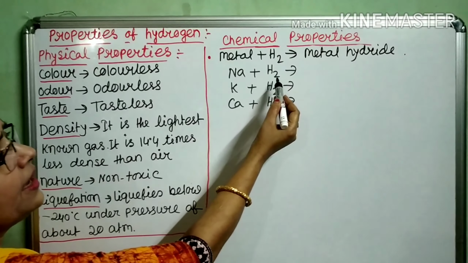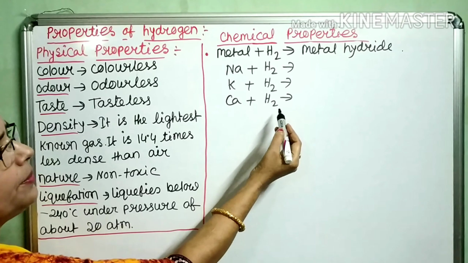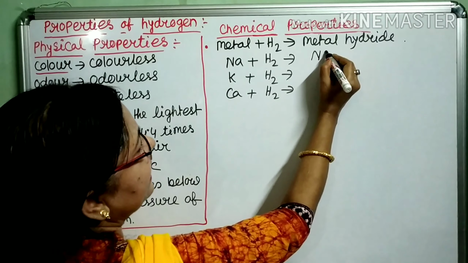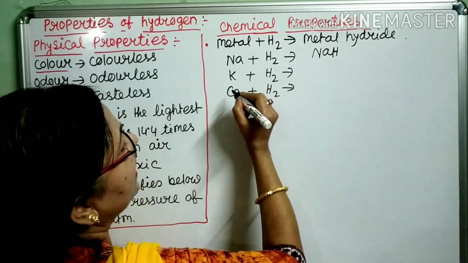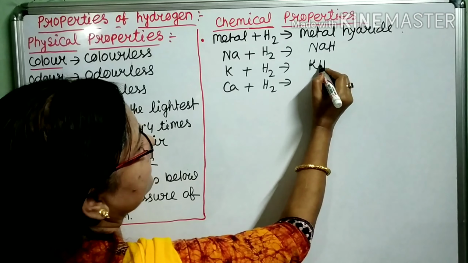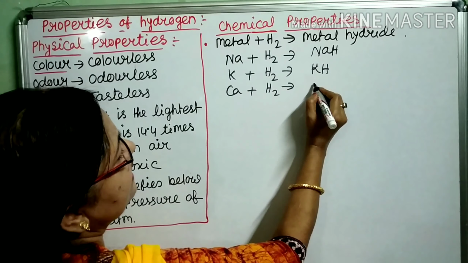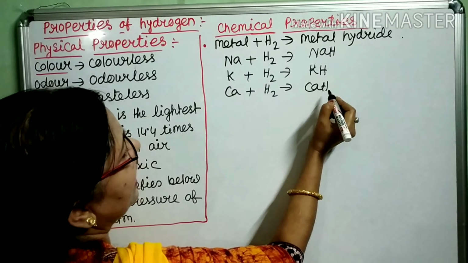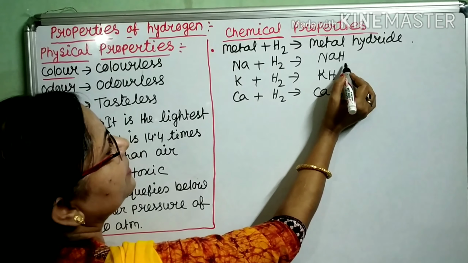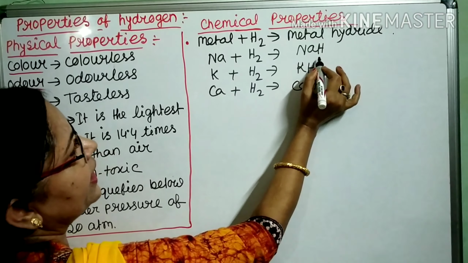So here hydrogen acts as a non-metal and forms metal hydrides, meaning NaH, KH, and CaH2. As the valency of sodium is +1 and the valency of hydrogen is -1, we get NaH.